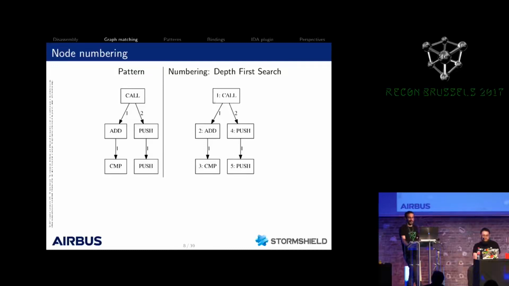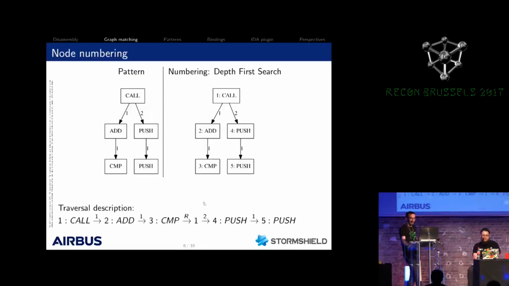I take the root node, a call, and number it 1. Then I take the first child of the call, get to the add, and number it 2. Then I take the first child, and number it 3. Then I go back to the call, go to child number 2, number it 4, and go to child number 1, number it 5.